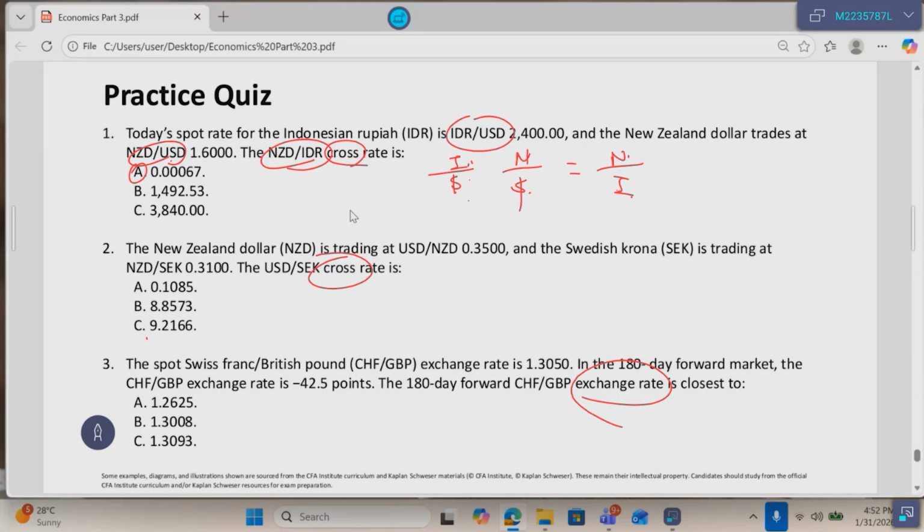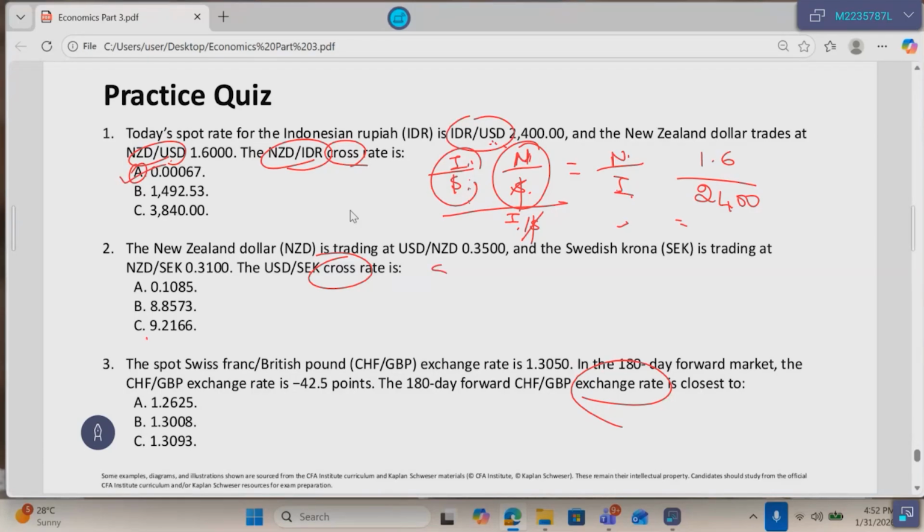You could inverse this and then multiply, or I do N per dollar divided by I per dollar, correct? Dollar cancels, N per I remains. So I need to do N per I. N is 1.6 and I is 2,400. That's the answer. Obviously, that's right, it comes to E. Very good. Let's go to the next one.